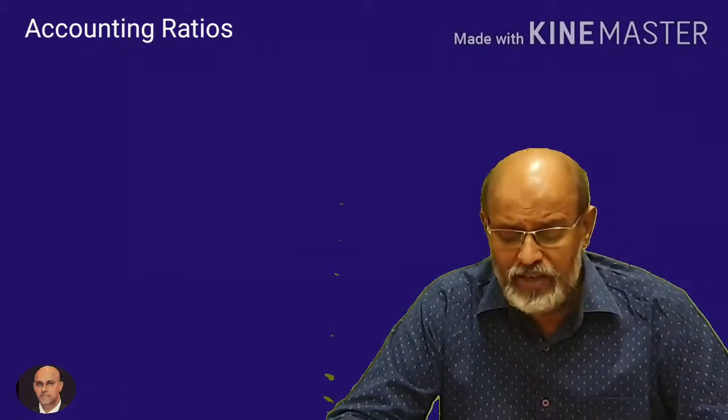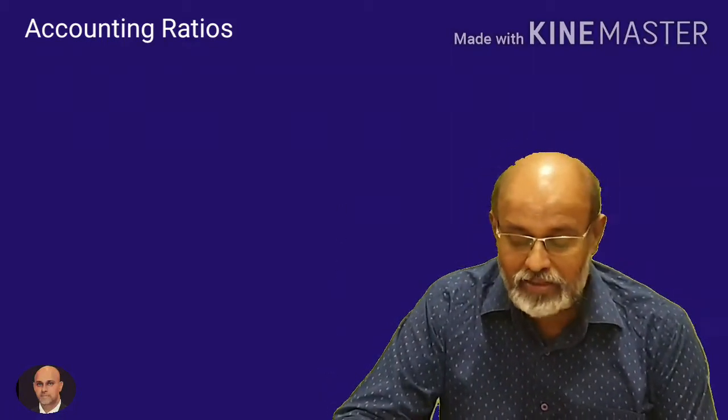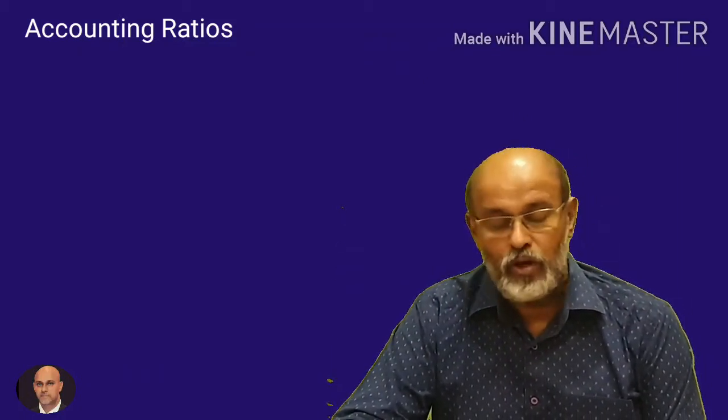So your average will remain the same. It will not be divided by 2 since the opening is not there. So it will be 6 lakhs, that is your net credit sales, upon 60,000 plus 40,000. So your answer will be 6 lakhs upon 1 lakh, that is 6 times.